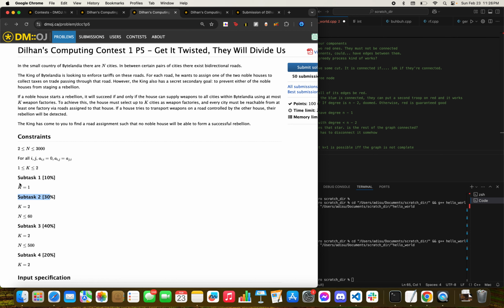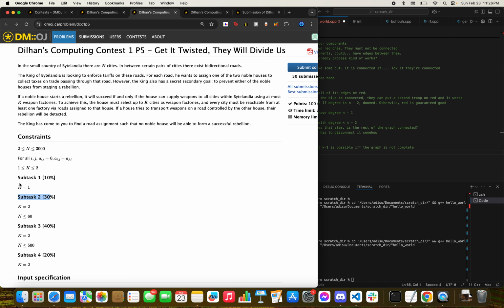Let's go back to our previous thing. If we have a connected component, why not also claim all edges within that connected component? But again, it's not about connection, it's about covering the whole graph. That's all that's important.